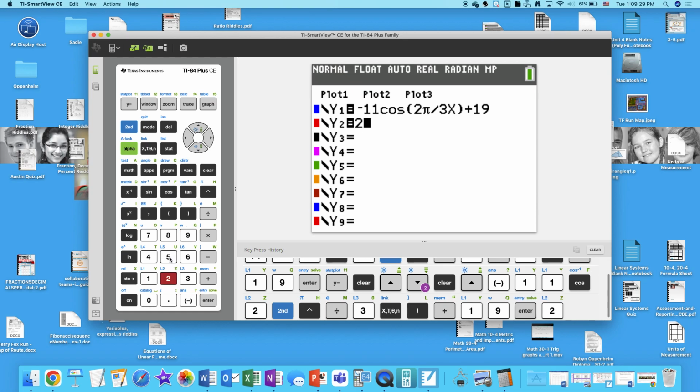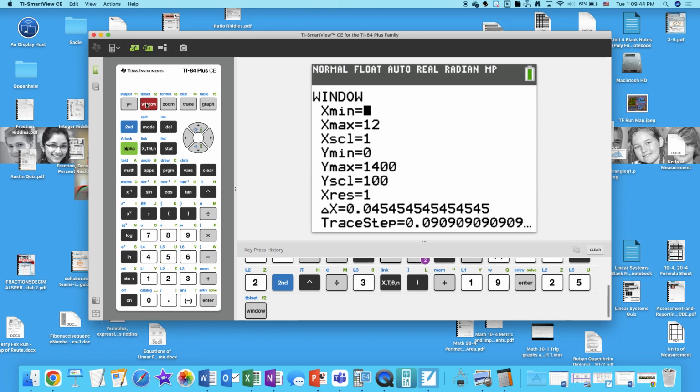All right, now I'm not going to hit graph yet. I did all that work to figure out what my max is and my min and my period, so I'm going to put that all in here. I basically want to see one period, so I'm going to make my x go from 0 to 3, because one period is 3 seconds.